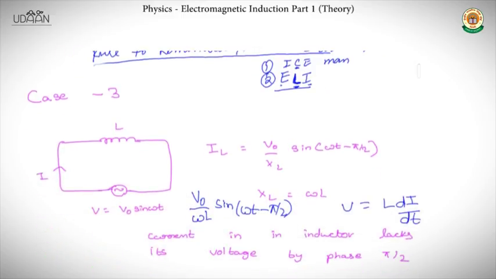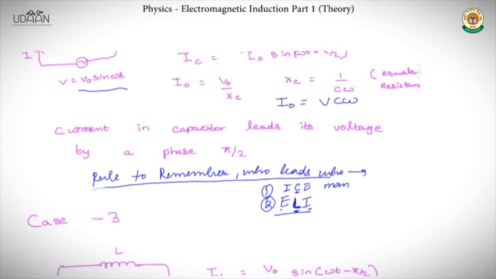So basically, we could use that ICE-man thing and that ELI thing. In fact, even if you remember one of them, that is, if you know that current leads the voltage in the capacitor, it is obvious that the voltage is going to lead the current in the inductor. Yes. And moreover, even if you forget, in any case, you can always derive it. It's a very small and easy derivation, right?